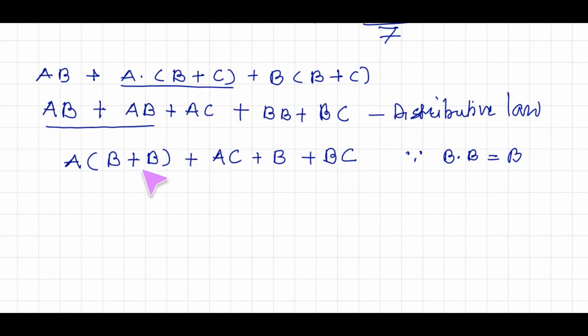Now here, when we talk about this term B plus B, we know that the final result is B. So therefore we can reduce it to AB plus AC plus, in this term we can have B common, that is B(1 plus C).